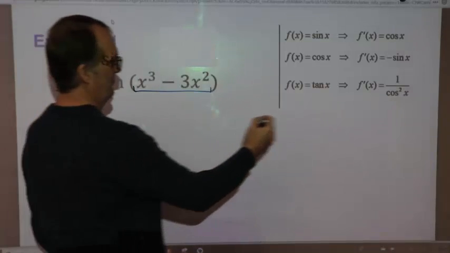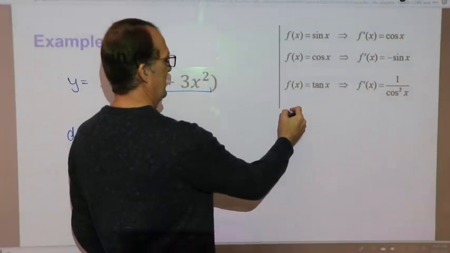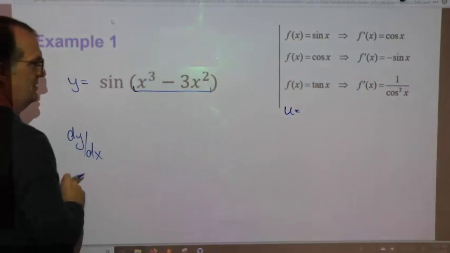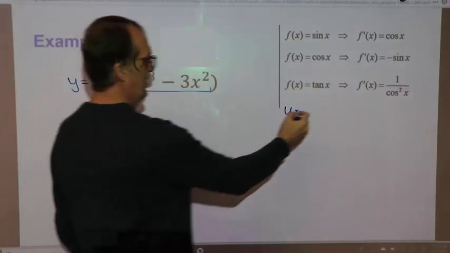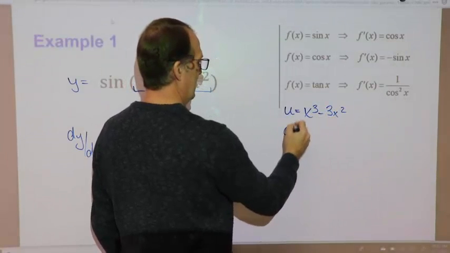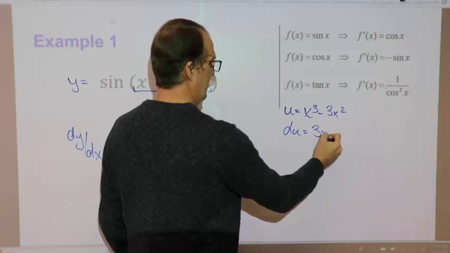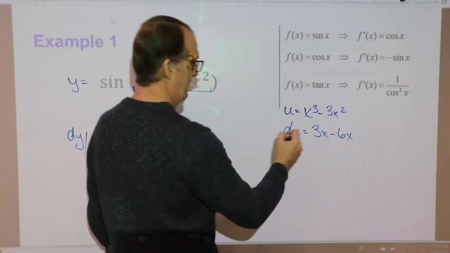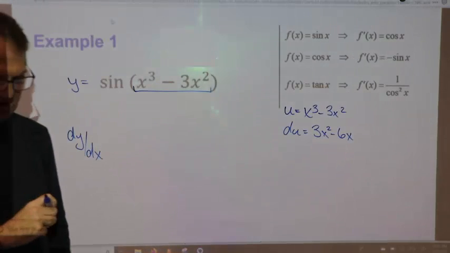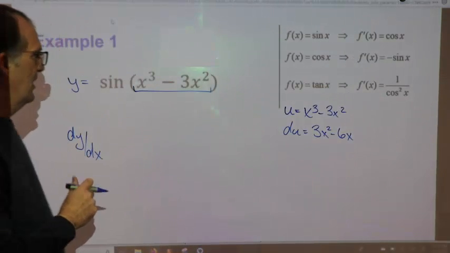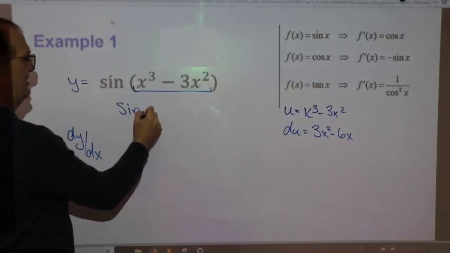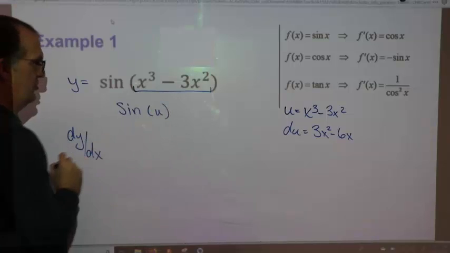So the first thing I would do is say, u is my interior function, so we have x cubed minus 3x squared, and so du is 3x squared minus 6x. And based on that, what I have is the sine of u.